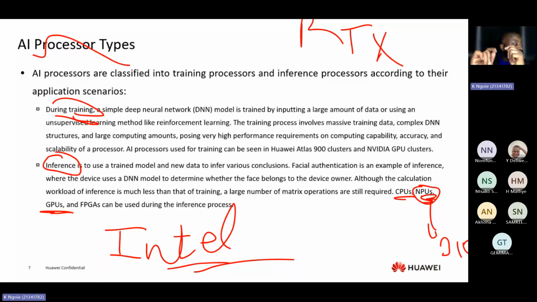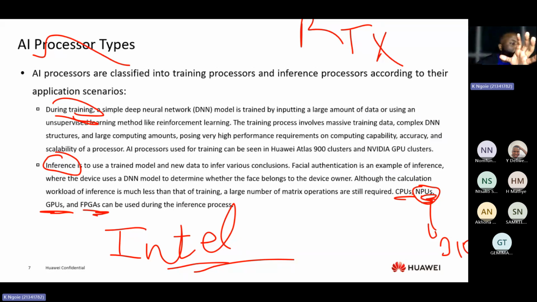All right. So you have an NPU, you also have your GPU, and you have your FPGAs. Your FPGA is one of the AI hardware that can be reconfigured, so we can actually change it and modify it, right?